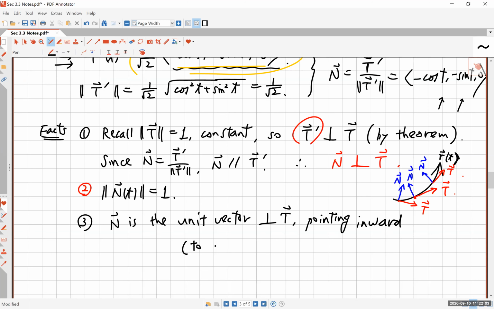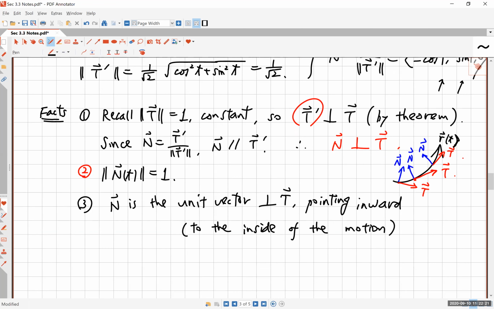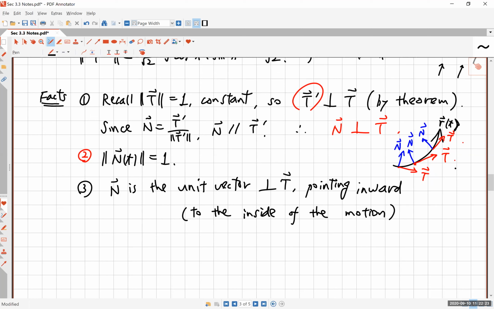Pointing inward, to the center of the circle, to the inside of the circle. It's not a circle, but you can define the circle, which is called a special name. Anyway, it's pointing inward. So that's what N is doing.